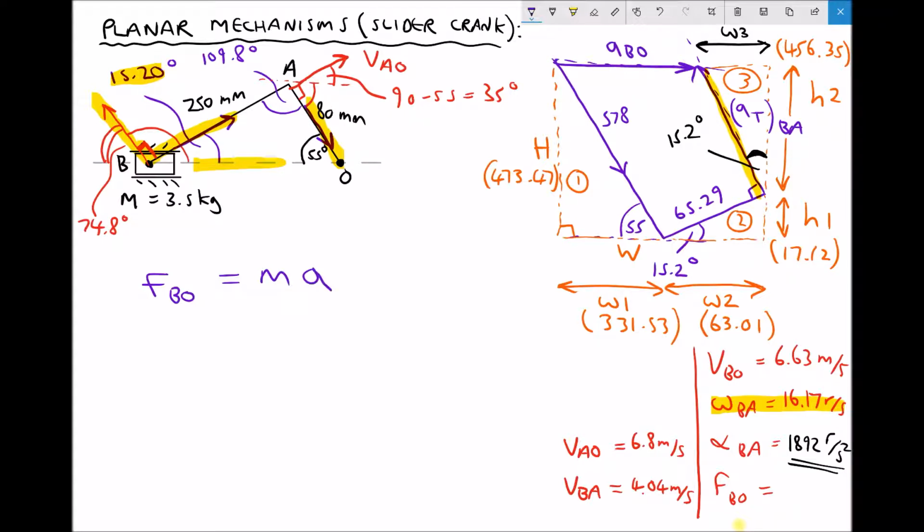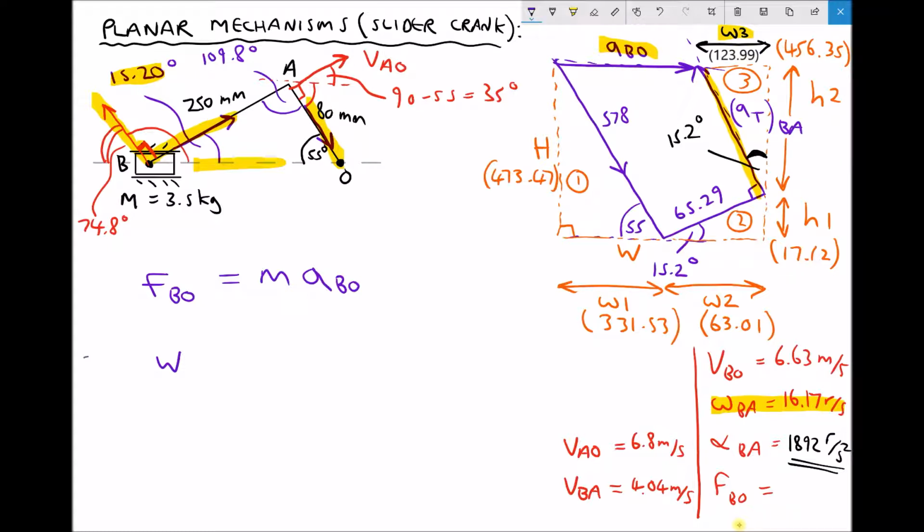The acceleration that we don't yet have is the acceleration of B relative to O. Now we can get this from our diagram, and it's actually easier than it may seem because we can determine our overall width W. And if we look at our acceleration diagram, we can see that acceleration of B relative to O is just the overall width, capital W, minus W3, which we previously calculated.